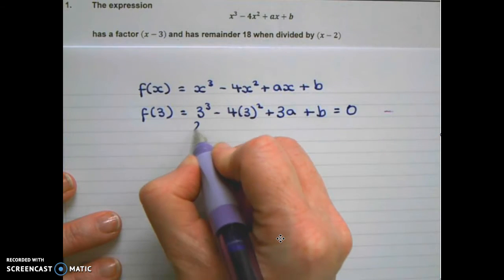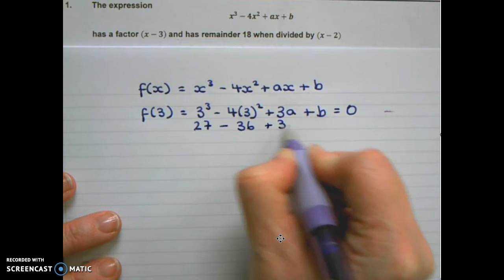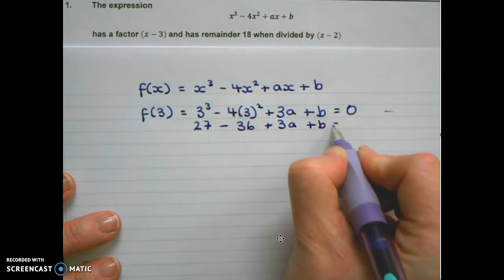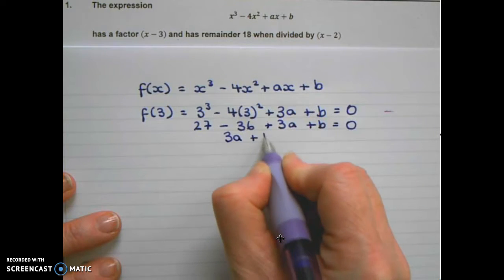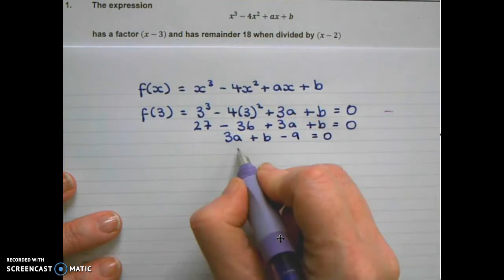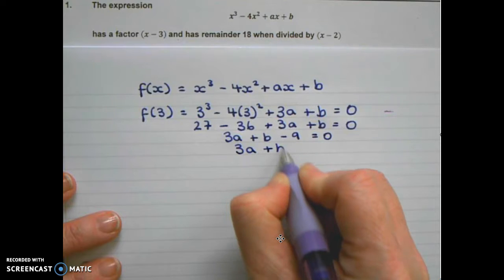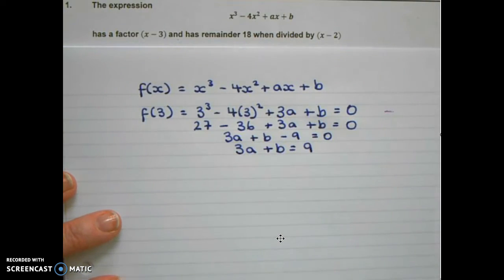We can simplify that to 27 minus 36 plus 3a plus b equals 0. We have 3a plus b, and that gives us minus 9 is 0. So 3a plus b has to be 9. And that's one of our equations that we're going to use.